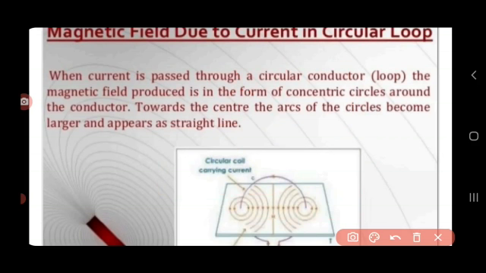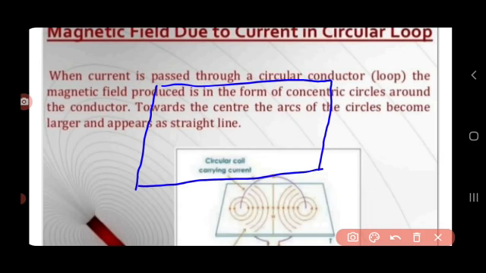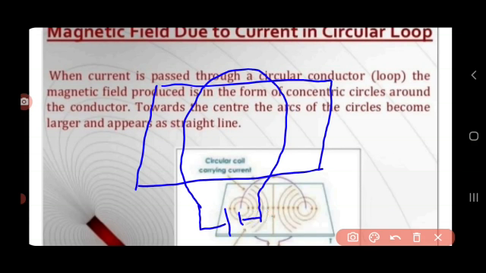Now electric current is passed through the loop and it is converted into a magnet. And on the cardboard, some iron filings are also kept, and when we tap the cardboard, we'll see the iron filings arrange themselves in the form of concentric circles, showing the magnetic field of the magnet.